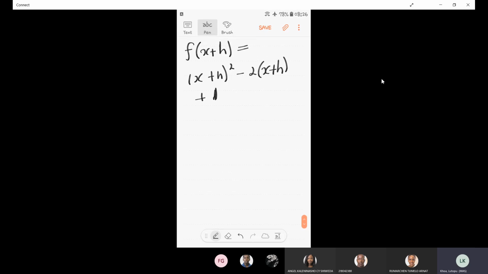For the first part, you can use your binomial theorem. This is x squared plus 2xh plus h squared minus 2x minus 2h plus 1. The best we can do is just rearranging some of the terms, but there's nothing that can cancel because there are no like terms. So that is it in its simplest form.